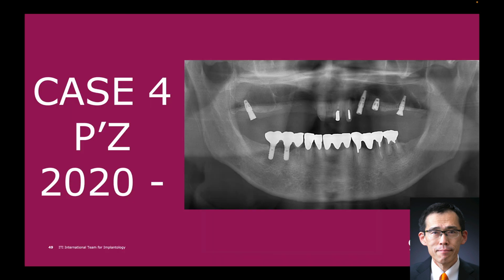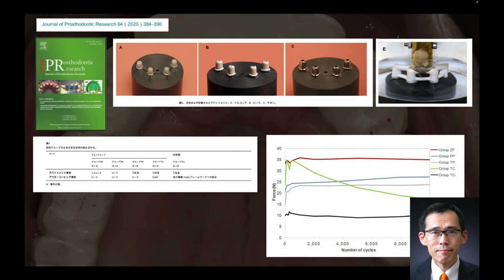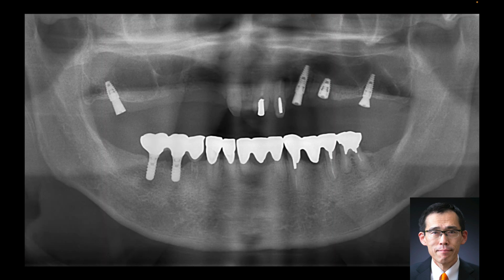Next case, tooth and implant combination. A removable double crown with PEEK and zirconia is suitable for the patient in this case.